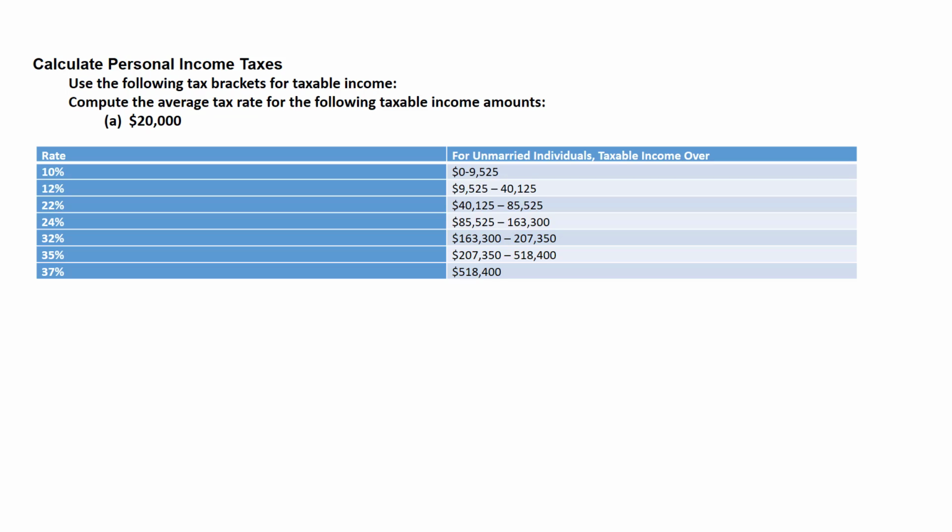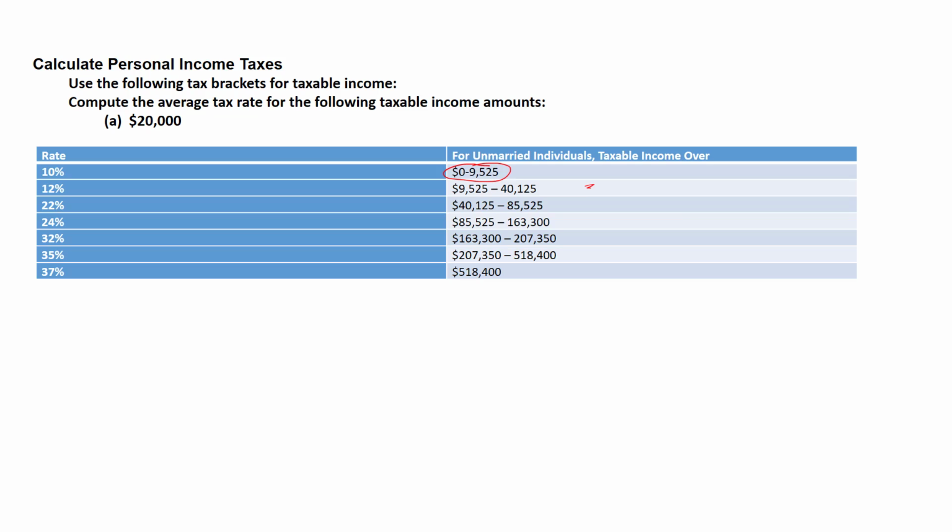So the most important thing to understand about the brackets is how much money is in those brackets. So in the first bracket, anything up to $9,525 can be taxed at 10%. Now from this bracket, the amount of money that is in this bracket is $40,125 minus the $9,525 you've already paid tax on.